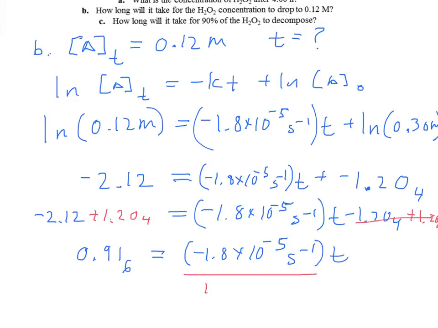Divide both sides by a negative 1.8 times 10 to the negative fifth inverse seconds. Oops, I forgot my negative sign over there. Dividing both sides by a negative 1.8 times 10 to the negative fifth inverse seconds, that goes to 1.